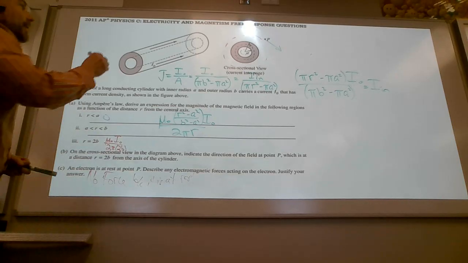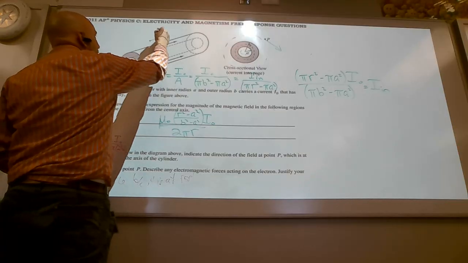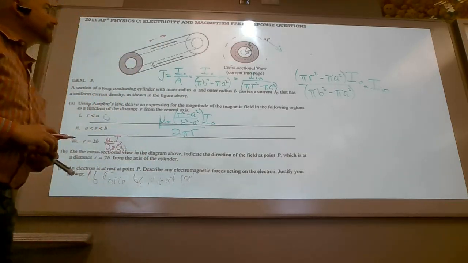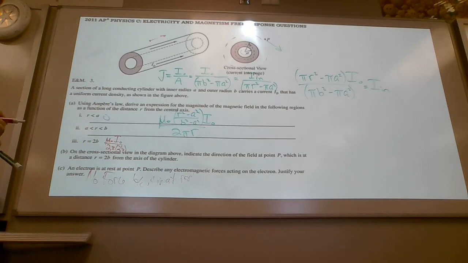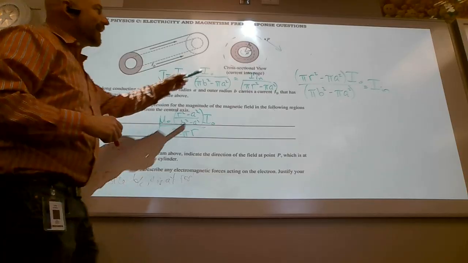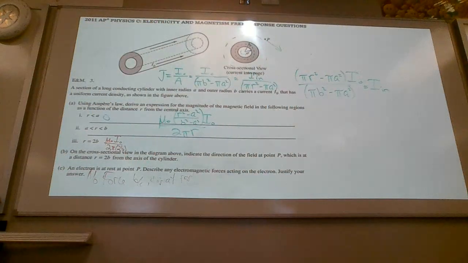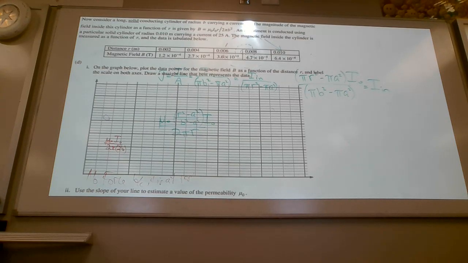Even if, okay, check this out. Here's point P. Let's say you shot it that way. Nope, not that way. Let's say you shot it that way. No force. It's going in the same direction, or parallel to the direction of the magnetic field. And is that it for that 2000? Ooh, gross.